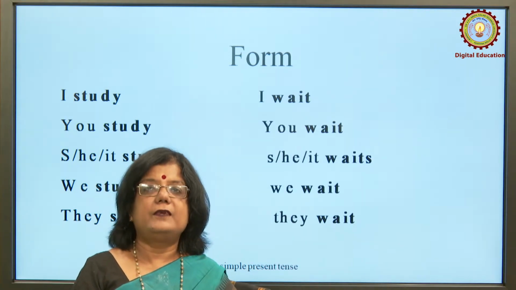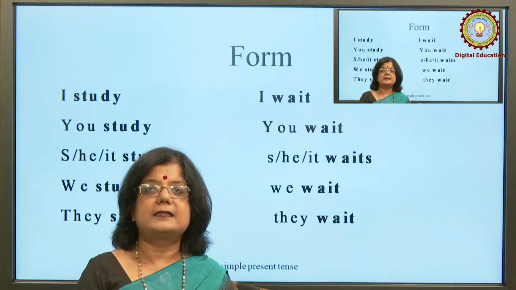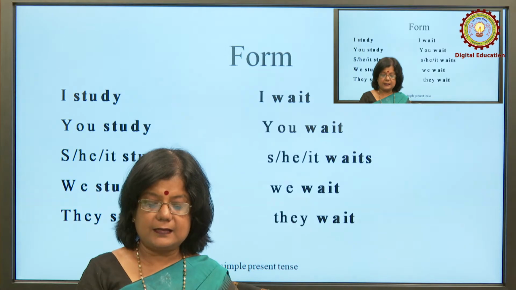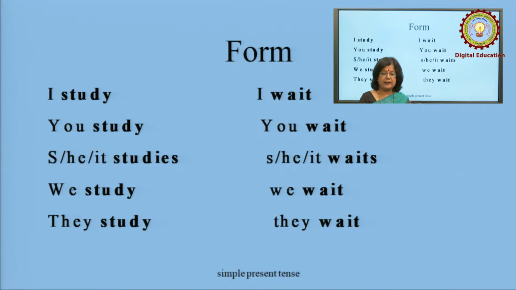Forms denote how to use it easily. I study, you study, she studies, we study, they study. When the subject is singular, it is I study, you study again second person, she studies, third person singular has to include es or s.